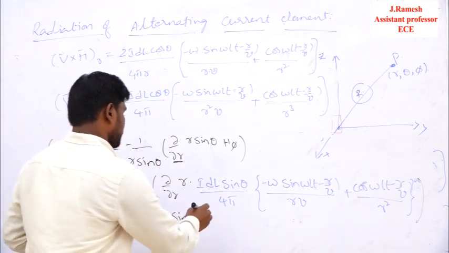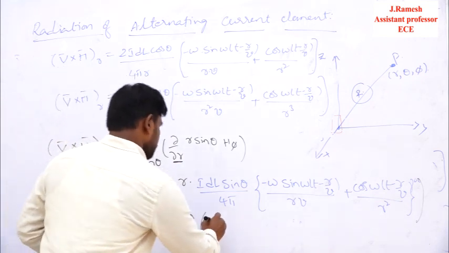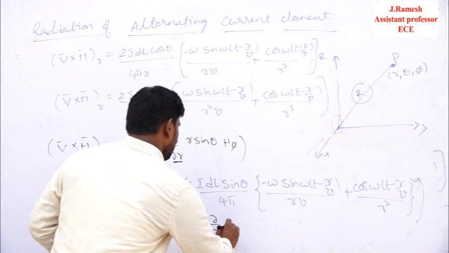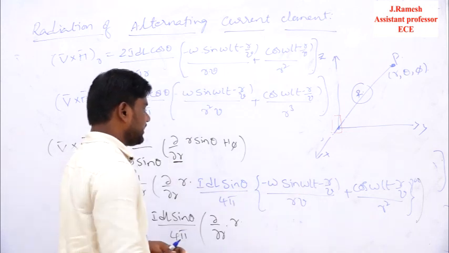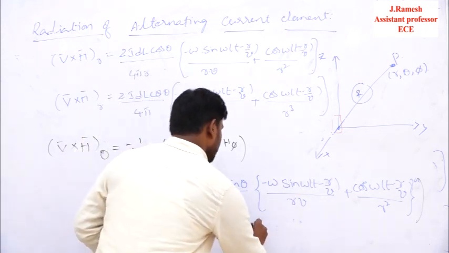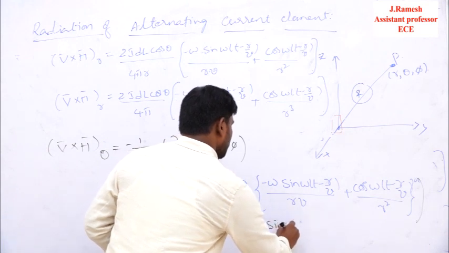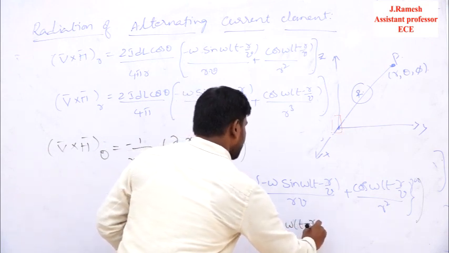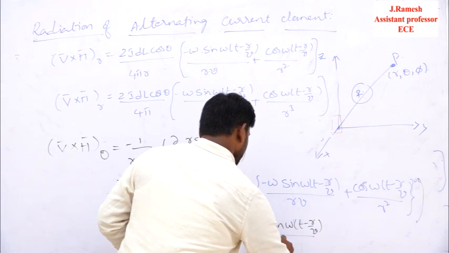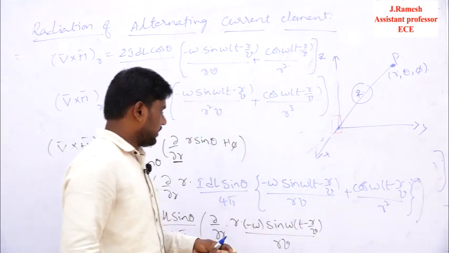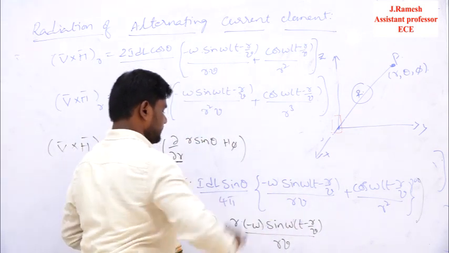Now again we have the dou by dou r terms. First, dou by dou r of r is multiplied with the inside term minus omega into sin omega into (t minus r by v) by r v, and this first term is multiplied with this one.